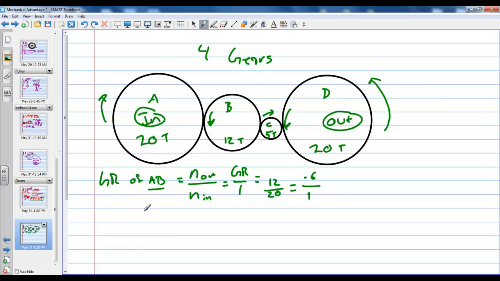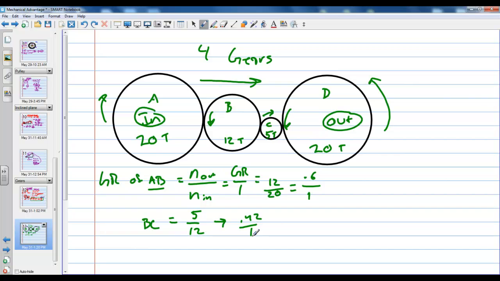Okay, what if we look at B to C? Well, we have the same thing. Number of teeth. We look at the input here, because the whole thing's going this way. So we have 12 over 5. Okay, we have output over input. The output's 5 over 12. And that is 0.42 over 1.